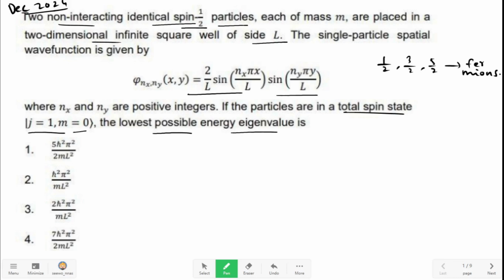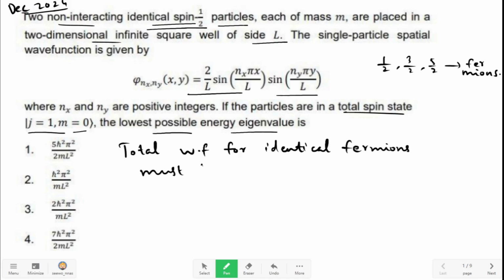Therefore in this problem we have identical fermions, and for identical fermions the total wave function must be antisymmetric. Why do we say this? Because then only the Pauli exclusion principle will be satisfied.